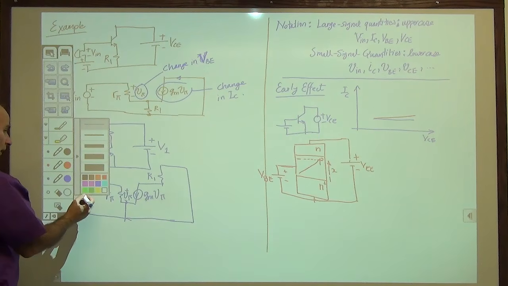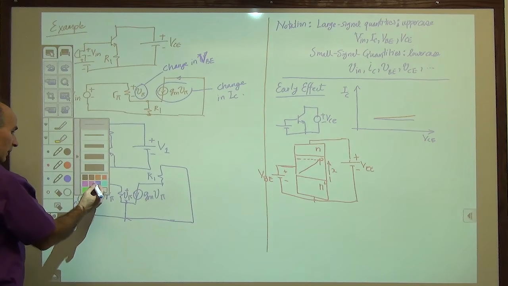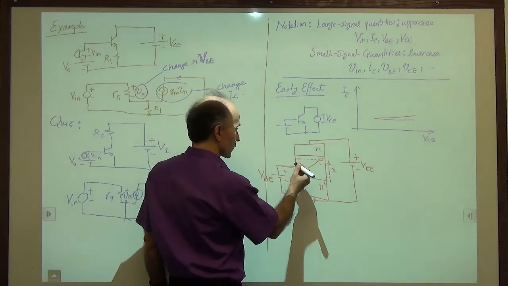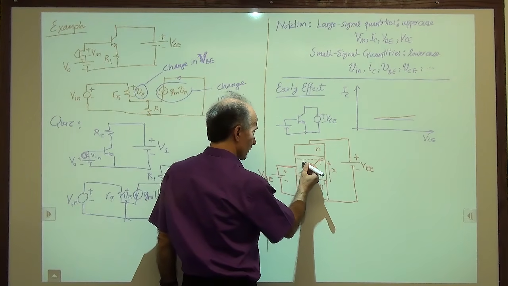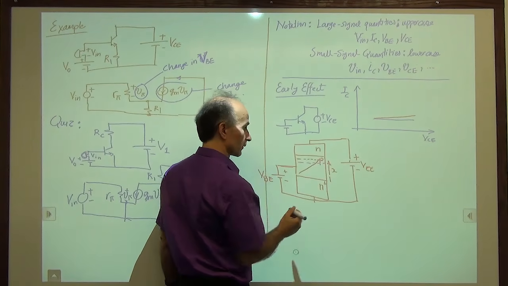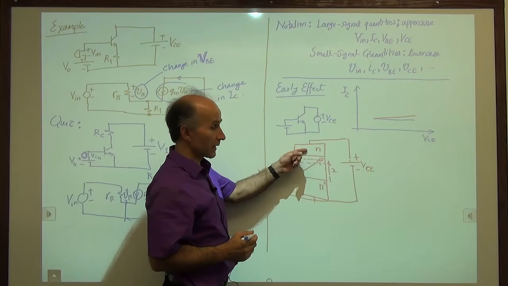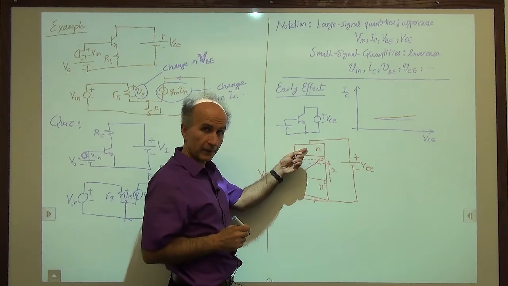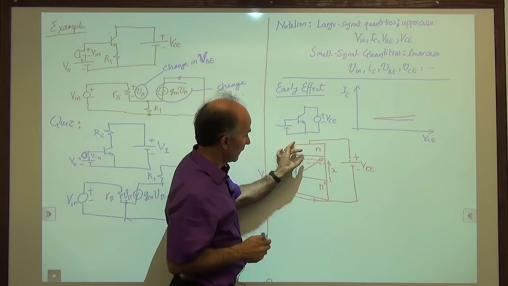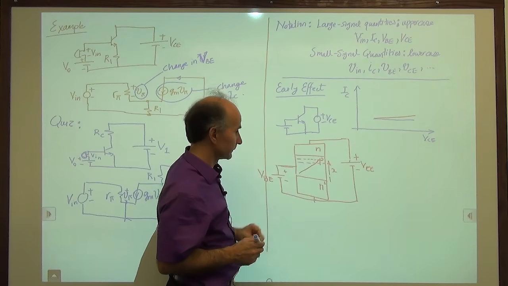So let's change the color and draw that again. So we have a situation like this as the collector emitter voltage increases. On the other side as well, but we're not interested in that side. So as VCE increases, the depletion region becomes wider.